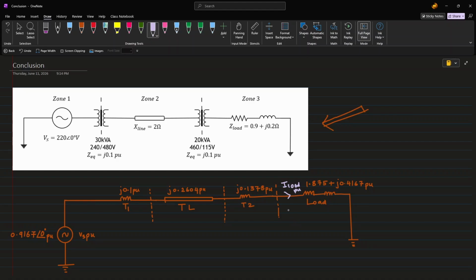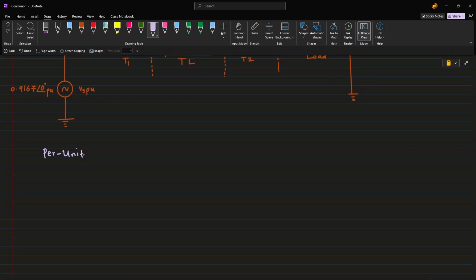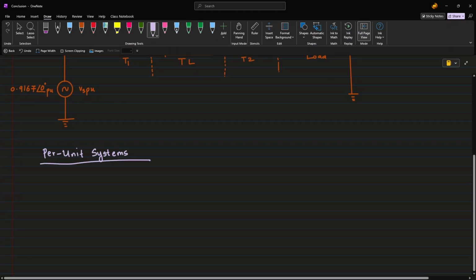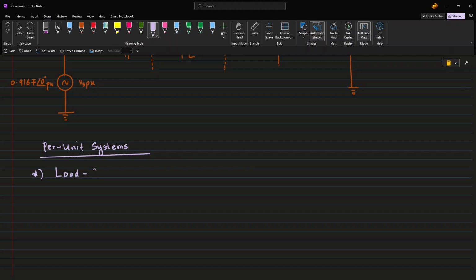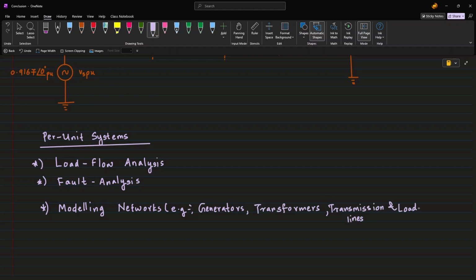While our example focused on a simple single phase network, the real strength of the per unit system becomes apparent when analyzing larger and more complex power systems. Per unit quantities are widely used in power system studies, including load flow analysis, fault analysis, and the modeling of interconnected networks containing generators, transformers, transmission lines, and loads.